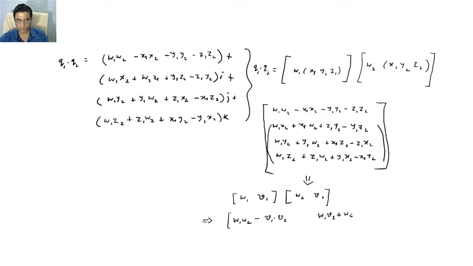w1 V2 plus w2 V1 plus V1 cross V2. So this is a cross product. So this is, you'll have to remember. Very important from a programming perspective.